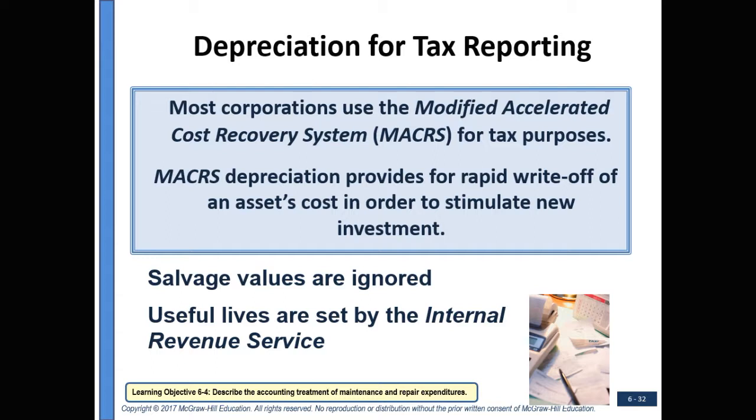So what this tells you is that what you're doing for financial accounting, what the cost allocation is for financial accounting, will be different than what is reflected in the income tax filings for the organization. The depreciation will be different. There are some other differences between what we do in financial accounting and what the IRS requires, but just know that this is one of those things.